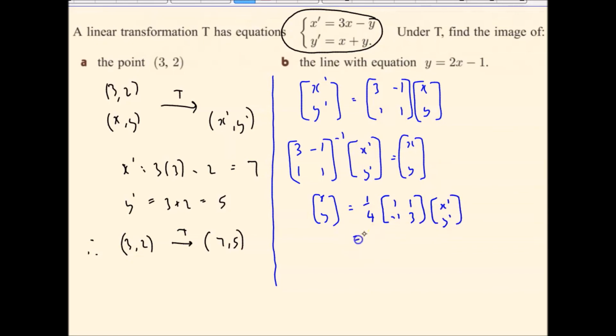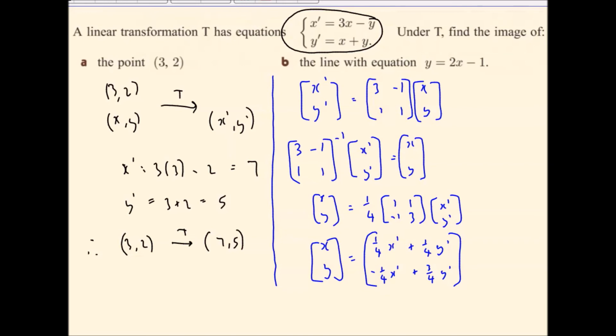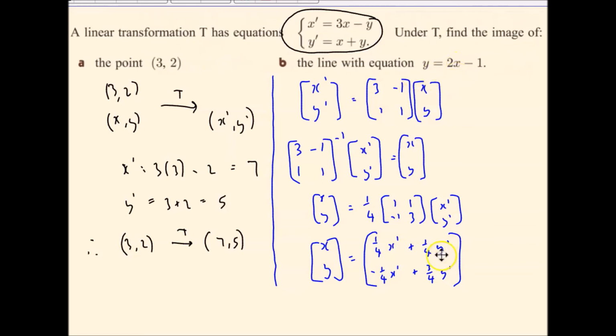And if I expand that, I'll end up with (x, y) equaling this matrix. So I can now substitute in here my values of x and y using these in terms of x dash and y dash.